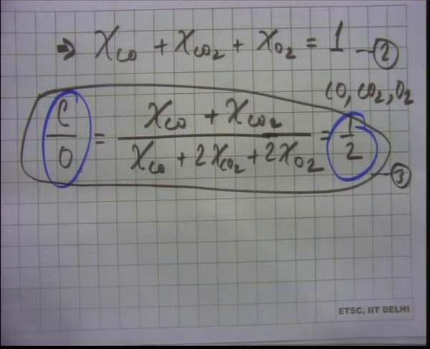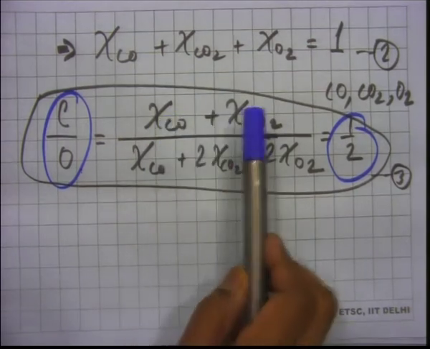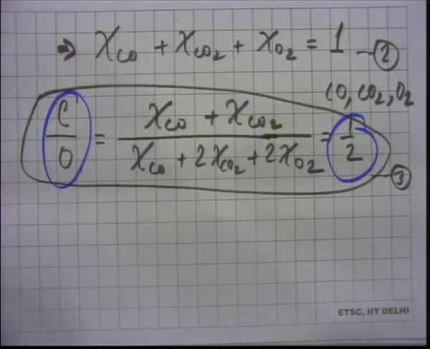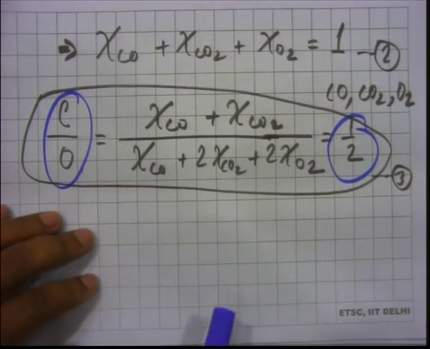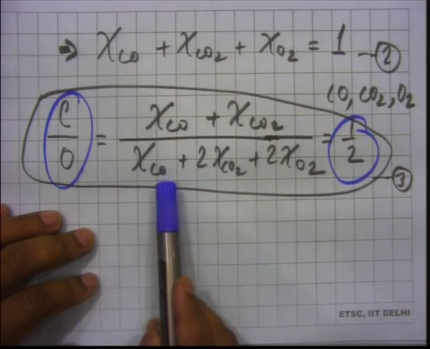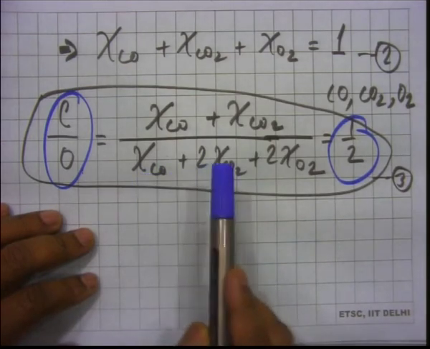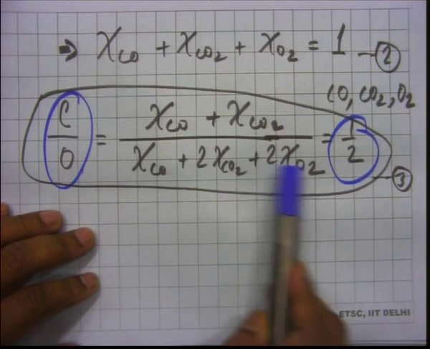So, why do we have chi CO plus chi CO2 added up in the numerator? Yes. So, carbon monoxide has one carbon atom, carbon dioxide has one carbon atom. So, we are just adding the number of moles of these two. Okay. Now, the more tricky part of it, in the denominator you have chi CO plus 2 chi CO2 plus 2 chi O2 here.